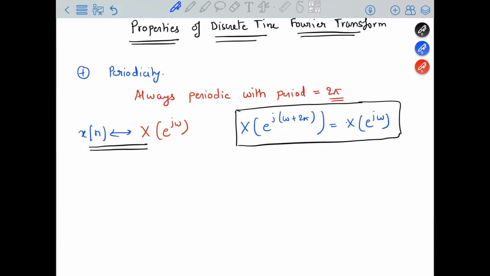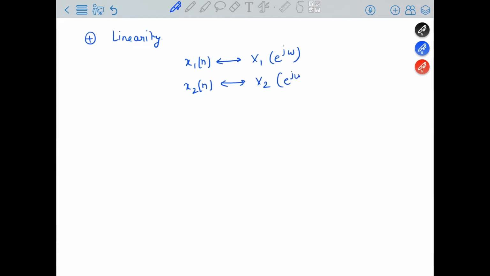Next we will discuss the linearity property. Suppose we have x1[n] as a signal whose Fourier transform is X1 of e raised to the power j omega, and suppose we have a different signal x2[n] which has a Fourier transform of X2 of e raised to the power j omega.